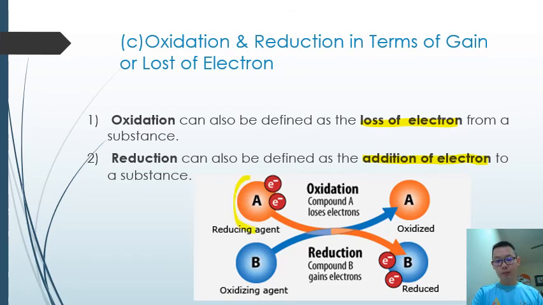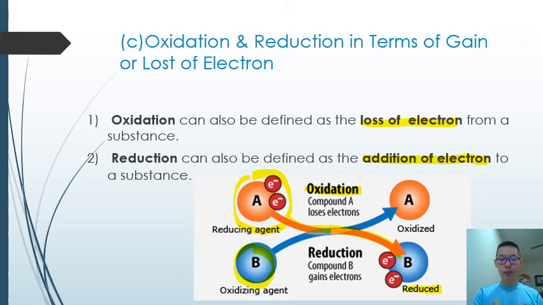Substance A loses electrons, or donates electrons, to substance B. So substance A undergoes oxidation. At the same time, substance B receives the electrons from substance A. So substance B is reduced.